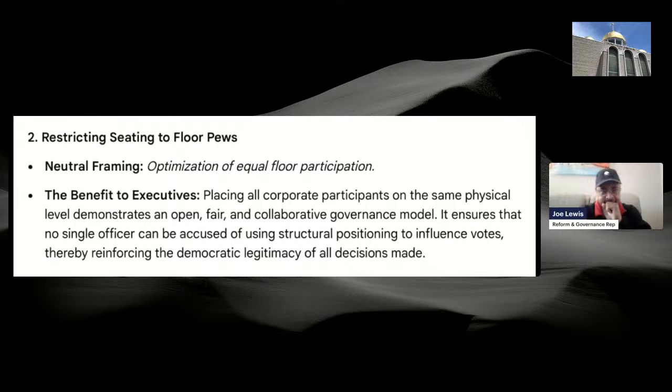The benefit to the executives, placing all corporate participants on the same physical level, demonstrates from you an open, fair, and collaborative governance model. It ensures that no single officer can be accused of using structural positioning to influence votes, and thereby reinforcing the democratic legitimacy of all decisions made.